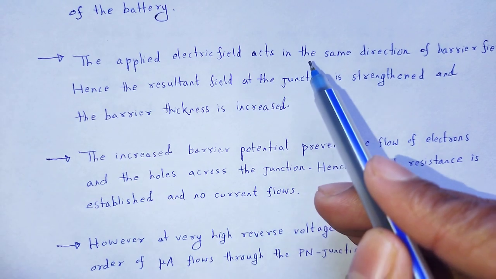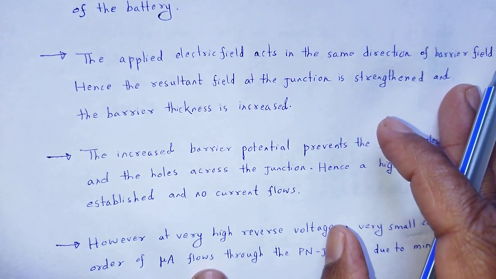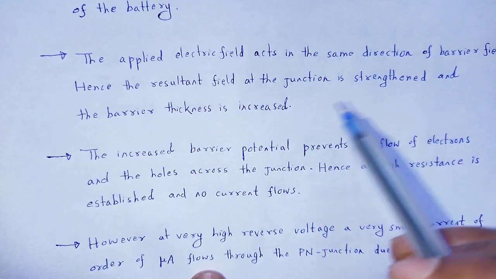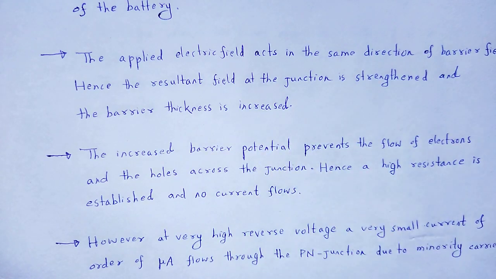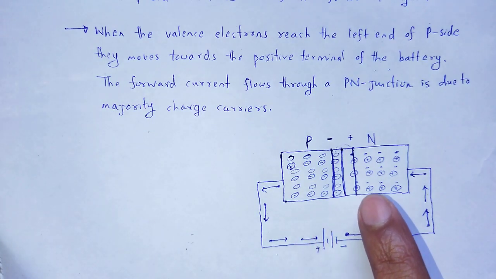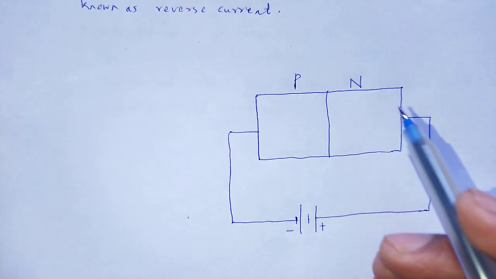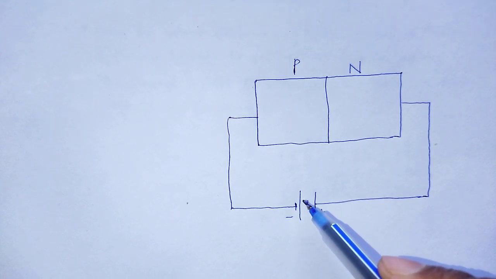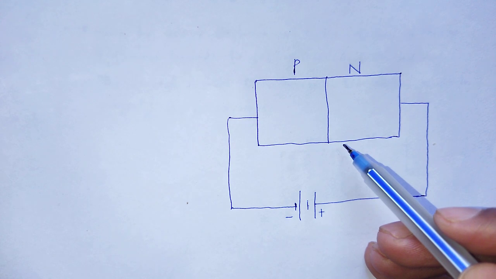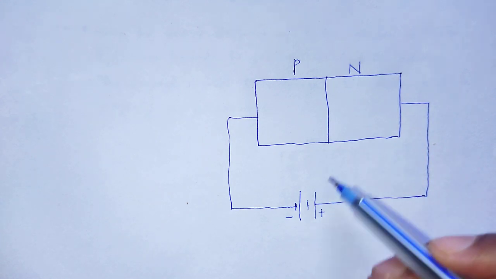The applied electric field acts in the same direction as the barrier field, hence the resultant field at the junction is strengthened and the barrier thickness is increased. In the previous case, the applied electric field is opposite to the barrier field, but in the case of reverse bias, the applied electric field is from positive to negative, so the barrier field, also from n type to p type, is in the same direction.